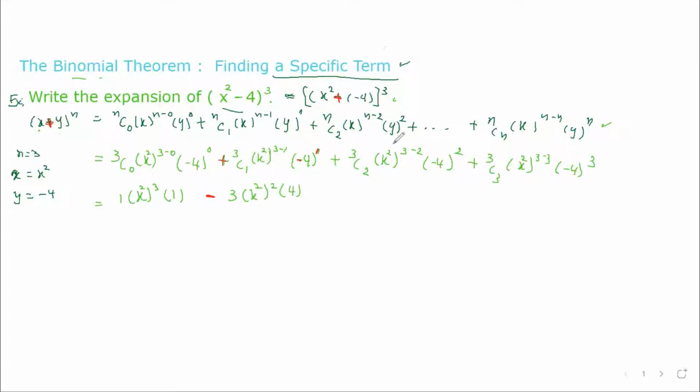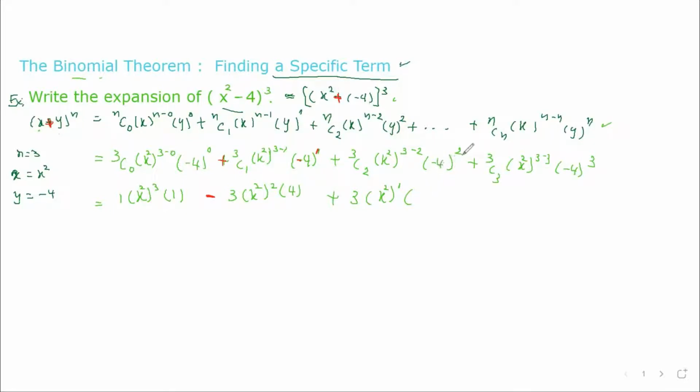Okay, so we go to the next term. 3C2 is 3 also. Now we have x power 2, power 3 minus 2, so power 1. So minus 4 power 2, this is an even index. See that power 2 is even, so the sign should come out as a plus sign.